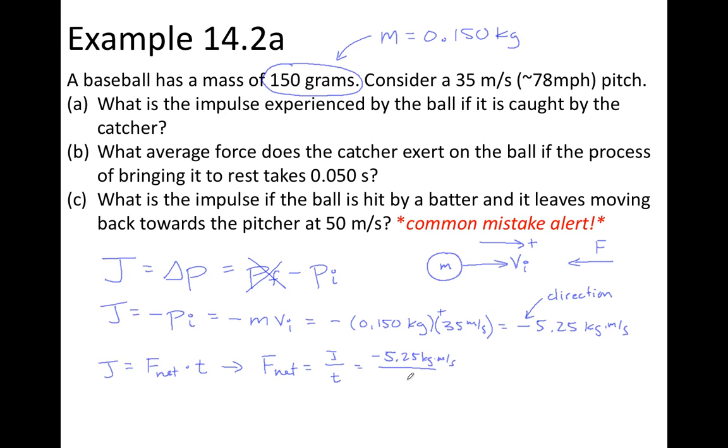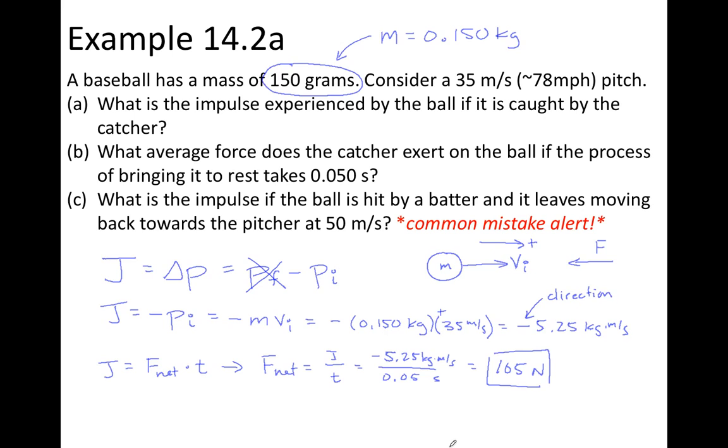And if we divide this by the time that was given in seconds, we will get 105. And the units are going to work out to be kilograms times meters per second squared, right? We'll have seconds squared. Well, that's mass times a unit of acceleration. That gives us a unit of force, the Newton.